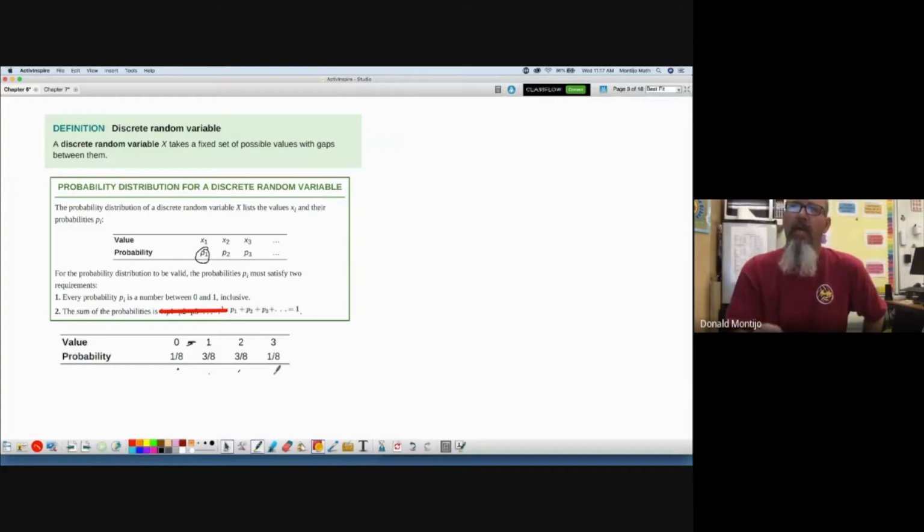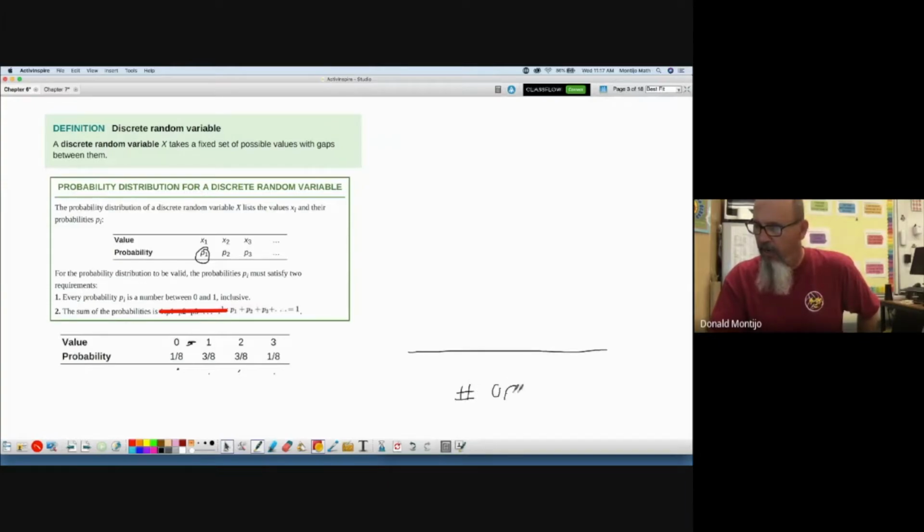So, now, if we have a discrete random variable, we need to describe the distribution of this discrete random variable. We looked at the tree diagram and how we come up with this. Well, let's look at what this distribution would look like. So this would be number of girls. And what are the outcomes? 0, 1, 2, 3.